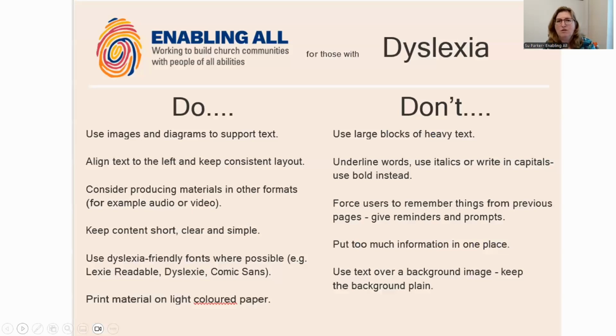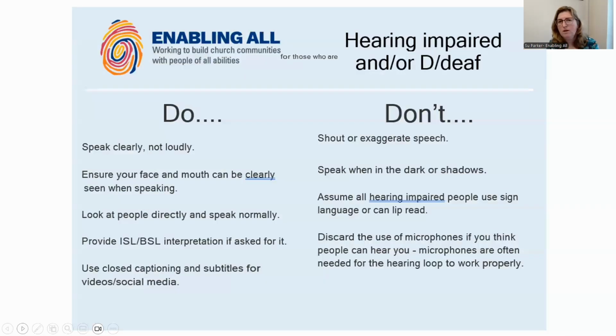It goes through different things that people who are dyslexic, for instance, might find easy and might find challenging if they're done. So don't use large blocks of text. You can read all this: what to do and what not to do for each individual. If someone comes in who is hearing impaired or deaf, here's what you do, here's what you don't.